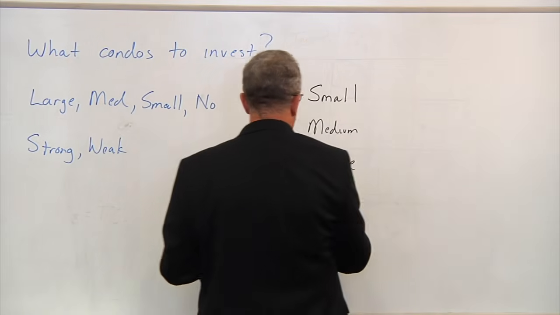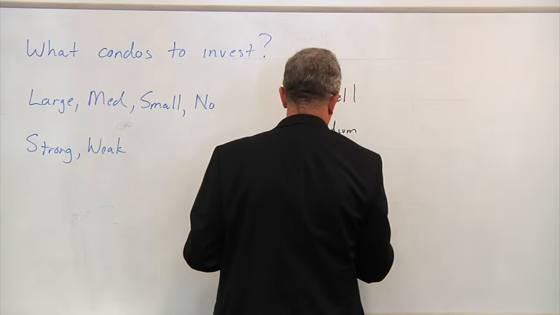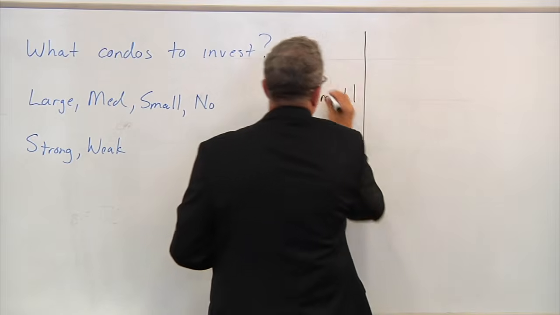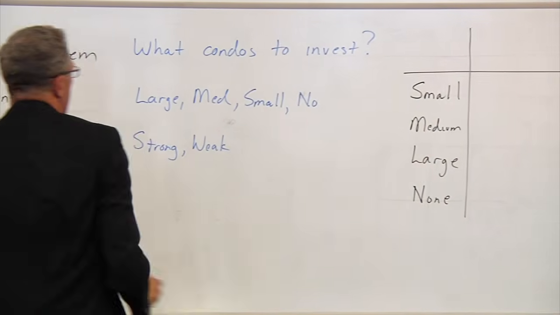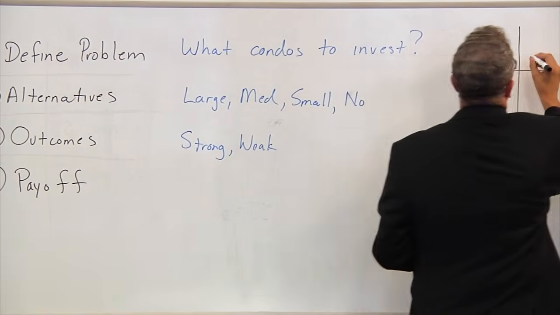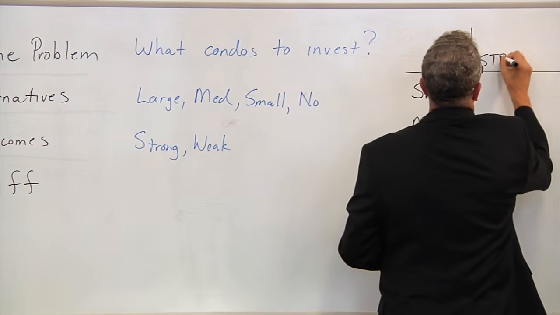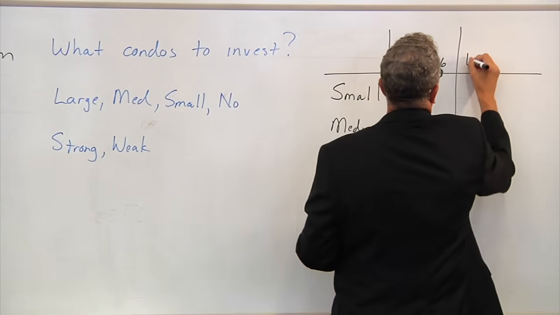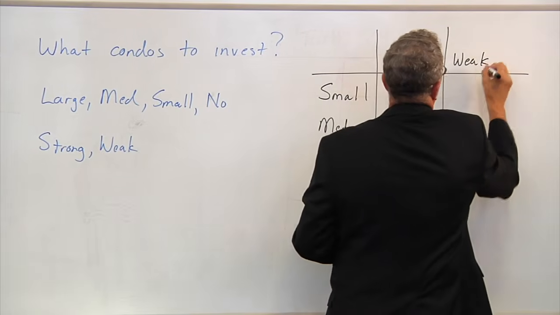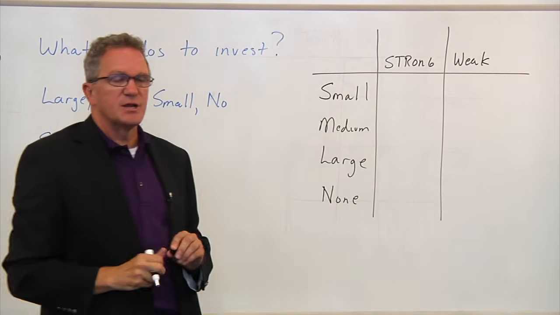I can also make no investment whatsoever. For the columns, we will use the outcomes. The outcomes are I could have strong demand for condominiums, or I could have weak demand for condominiums.